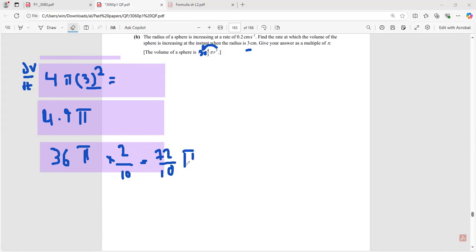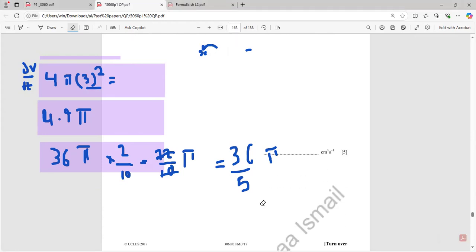Then I'm going to simplify it, dividing by 2, so it's equal to 36 over 5 pi. Let's see if that's right. Yeah, we did it. Let's see the next.